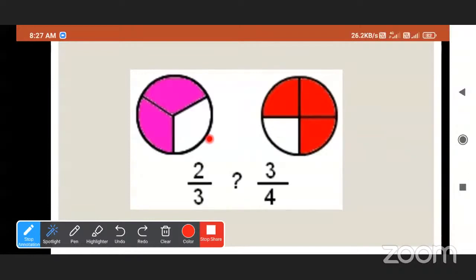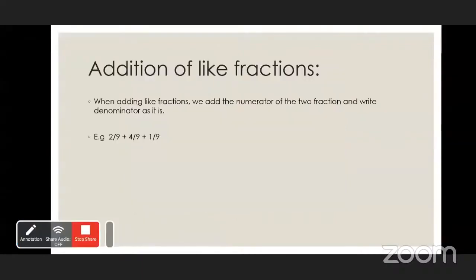Which sign do we have to put? Greater. 3 upon 4 is greater than 2 upon 3, by observing this. Very good.